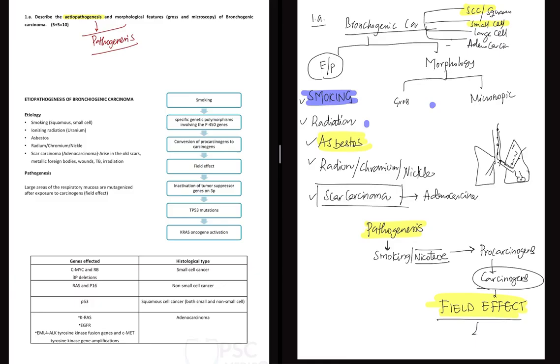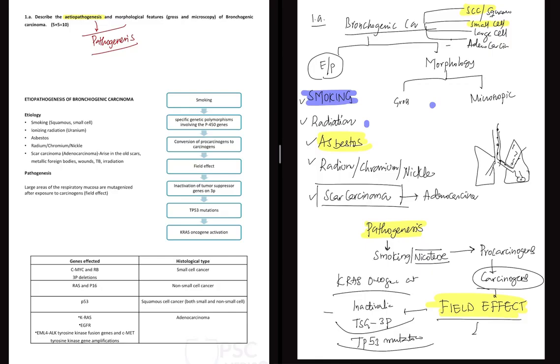Because of these carcinogens, the key effect is inactivation of the tumor suppressor gene present on 3p, and also there will be TP53 mutations, and also activation of oncogenes, that is KRAS oncogene activation.